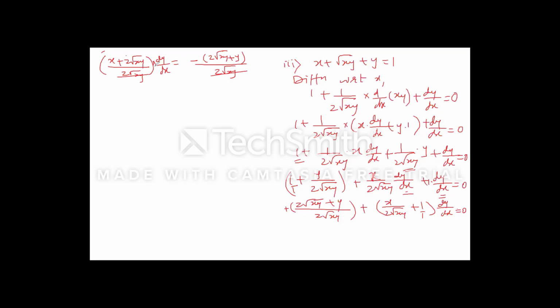The term x plus 2 root xy is multiplied here, so on the right side it becomes divide. So dy by dx becomes minus of 2 root xy plus y upon x plus 2 root xy. Also you can write it like this: minus of y plus 2 root xy divided by x plus 2 root xy. So this is our required answer by using the implicit differentiation process.